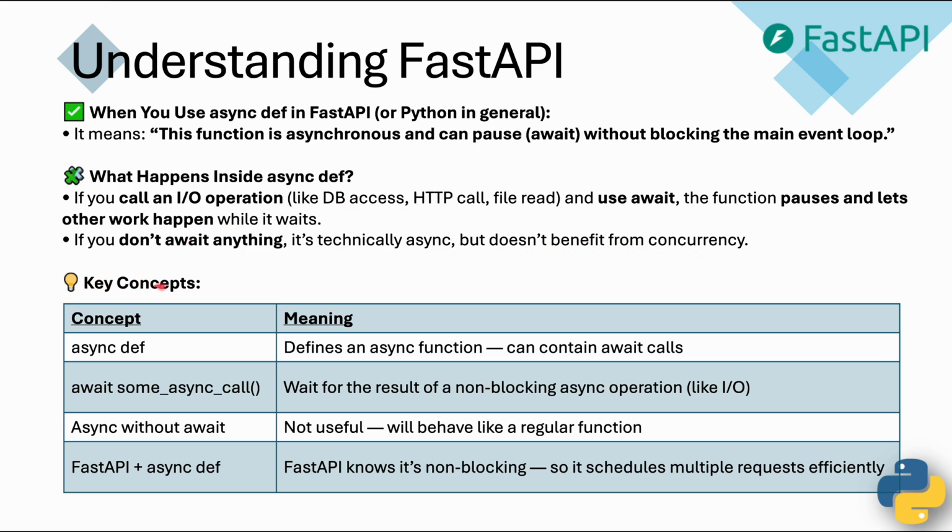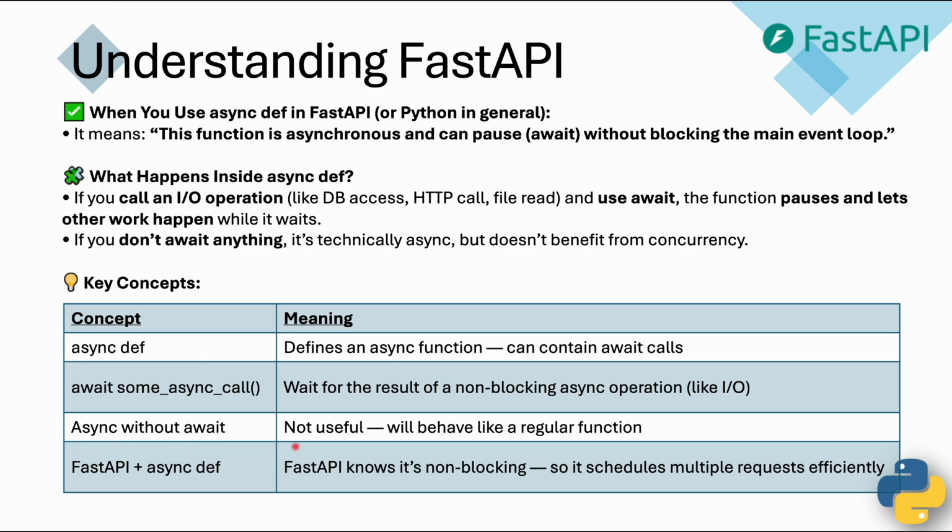Key concepts: the concept and meaning. Async def defines an async function that can contain await calls. Await some async call waits for the result of a non-blocking async operation like I/O.